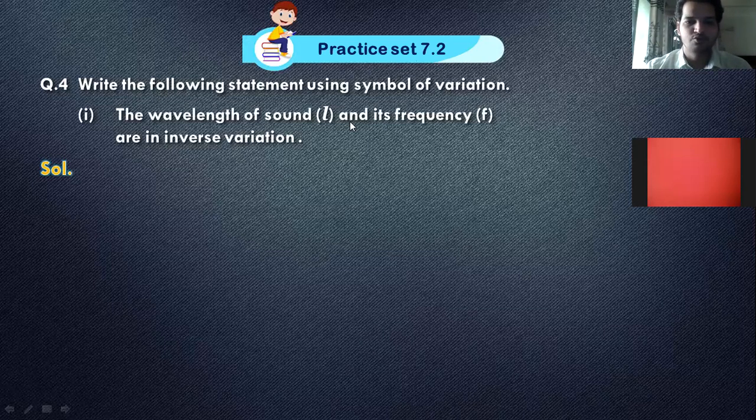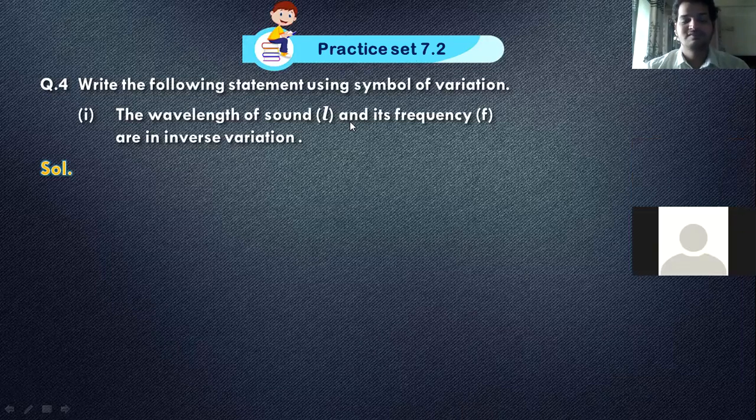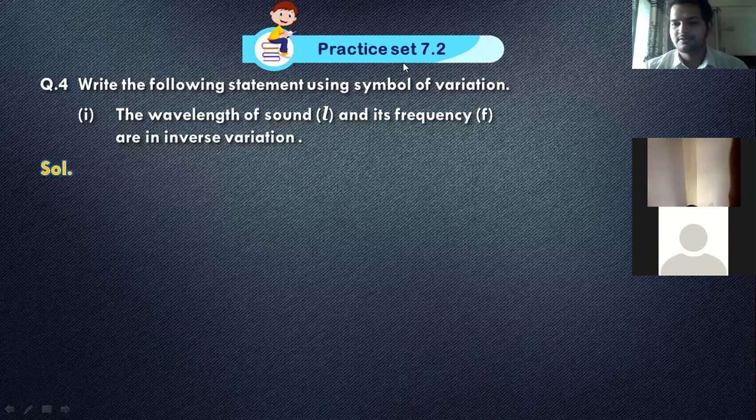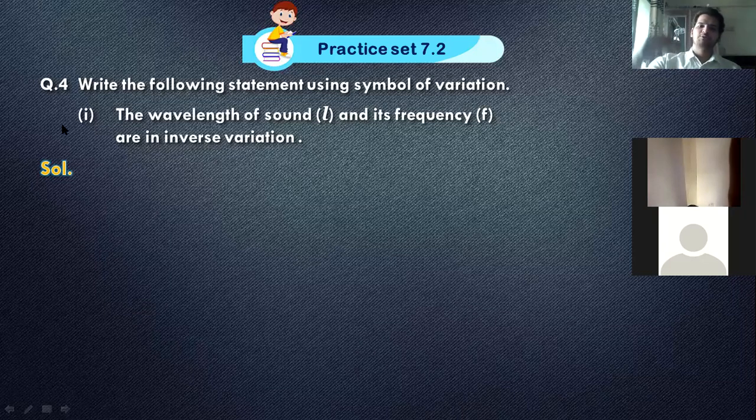So what we have to do is use the symbol of variation to get the answer. The first sub question states that the wavelength of sound L and its frequency F are in inverse variation. Now all we have to do is use the symbol of variation. As we have discussed in the previous lecture, inverse variation means what? If one value increases, the other value will decrease.